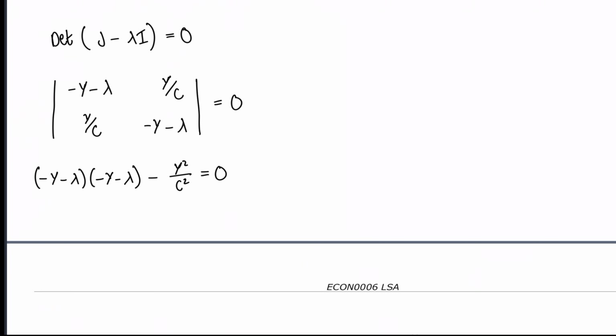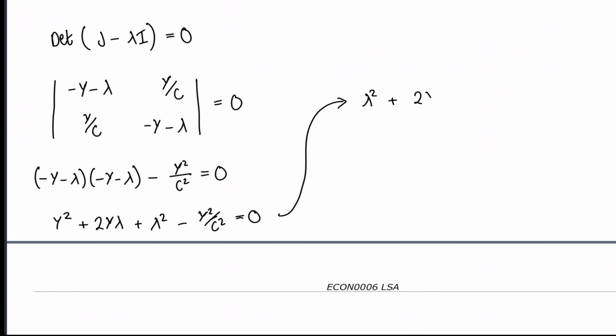Expanding the two brackets, we have gamma squared plus 2 gamma lambda plus lambda squared minus gamma squared over c squared is equal to 0. So we can write this as a quadratic: lambda squared plus 2 gamma lambda plus gamma squared minus gamma squared over c squared is equal to 0.